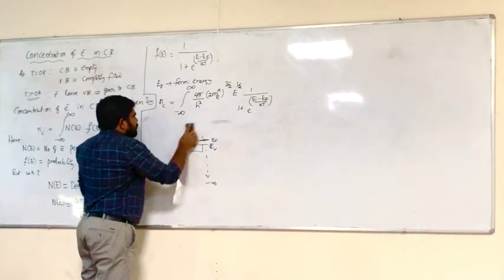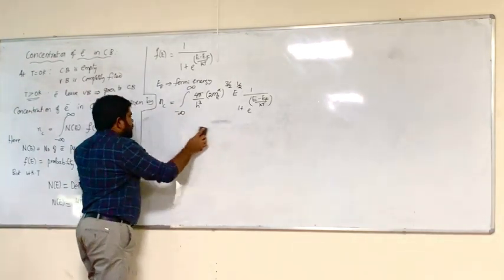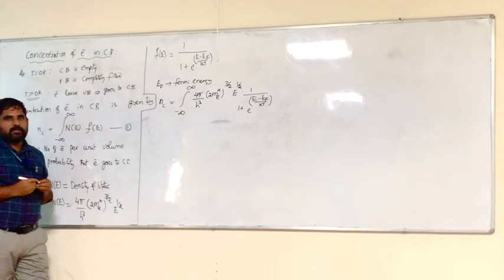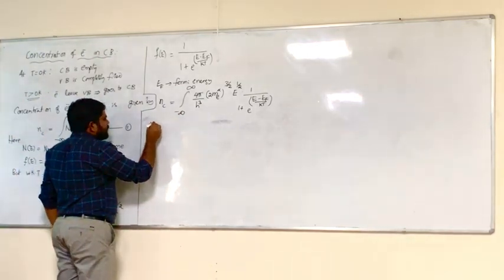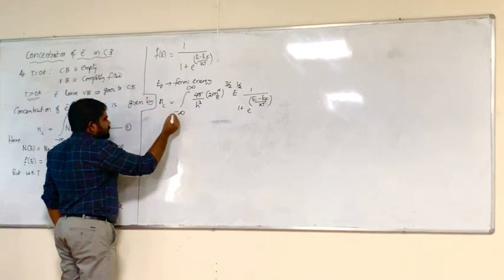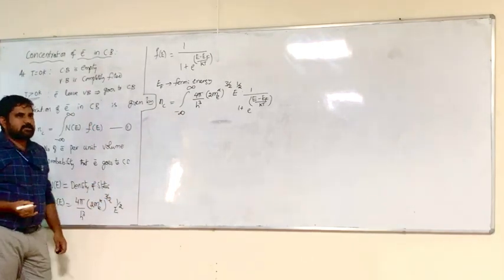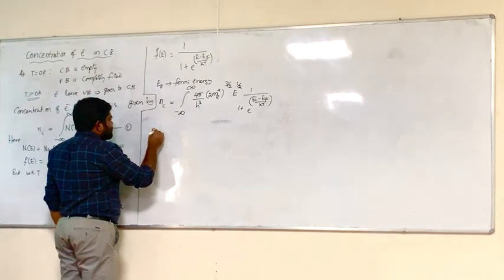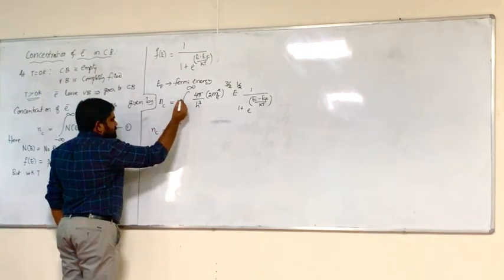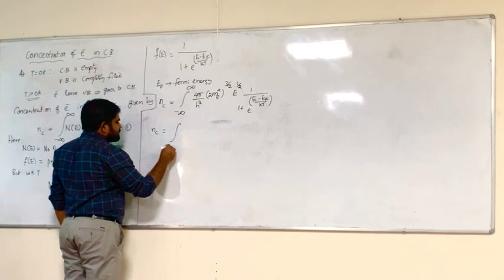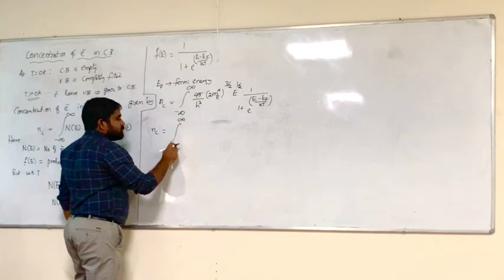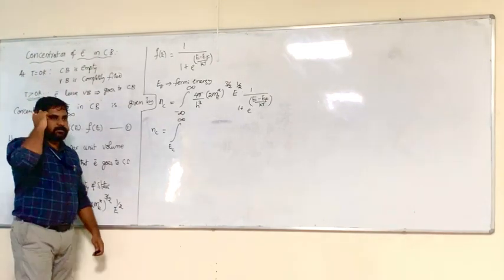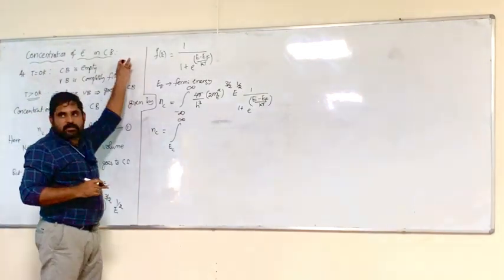Now I will modify my integral. I don't need minus infinity to infinity. The integral will be EC to infinity, because the conduction band is in that limit. So my NC, instead of minus infinity to infinity, I will write EC to infinity. You should know the reason why you are writing it; if you don't know, please ask me one more time. Because we are interested only in the conduction band.